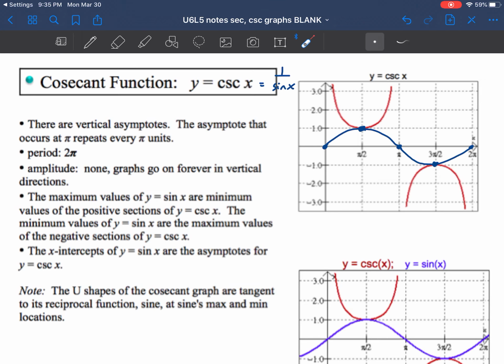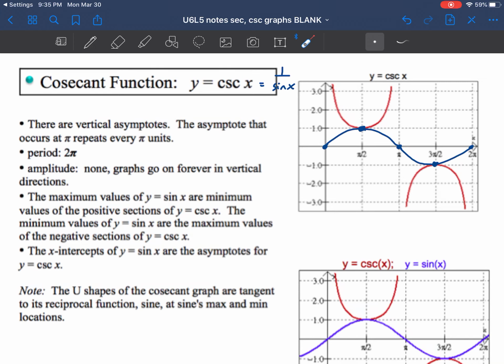So really, you could just graph a sine function. Wherever the sine function is 0, you make vertical asymptotes. Wherever the sine function has a max, cosecant has a relative min. And whenever sine has a min, cosecant has a relative max.